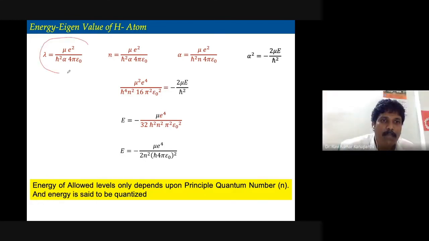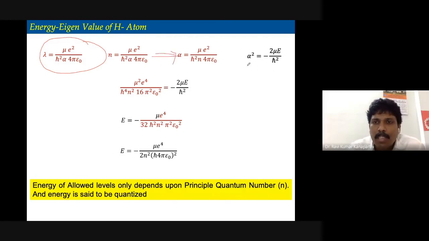Lambda is a small substitution we made to make the equation simpler, that is mu e square upon h cross square alpha 4 pi epsilon. Later we found that lambda is nothing but a constant, which we replaced with n. So n is equal to mu e square upon h cross square alpha 4 pi epsilon. From this equation, you can write down what alpha is.